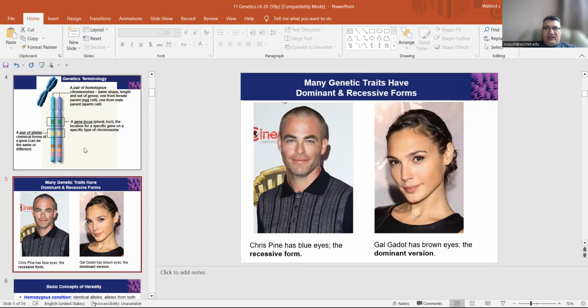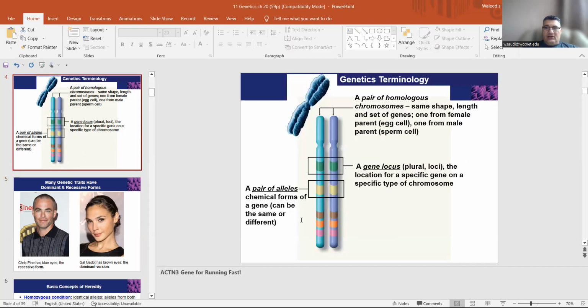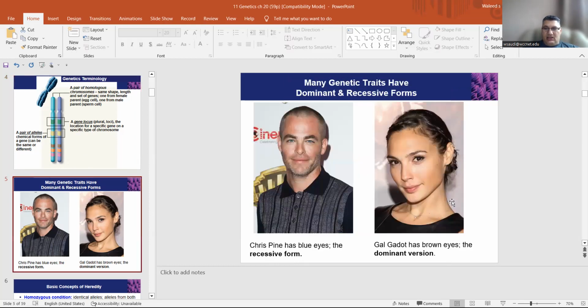So recessive means weak. This is a weak one. So let's look at the genotype here. This has to code for blue eye, and this also has to code for blue eye.